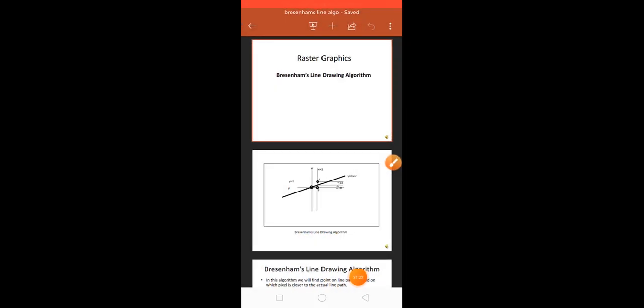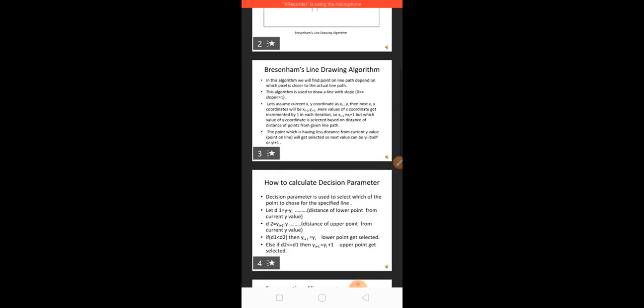So let me revise what happened in Bresenham's line drawing algorithm. In Bresenham's line drawing algorithm, the pixel is chosen by which pixel is nearer to the actual line path. There are two choices available: whether the adjacent pixel is to be selected or the adjacent upper pixel is to be selected.